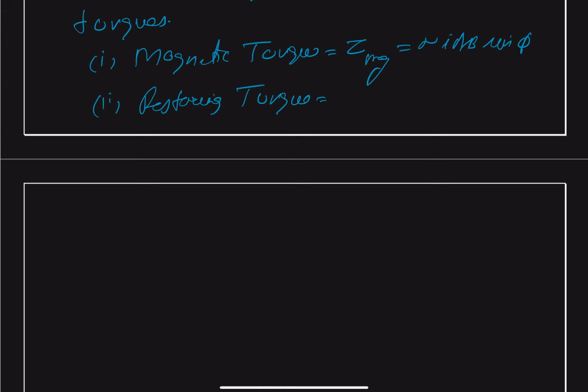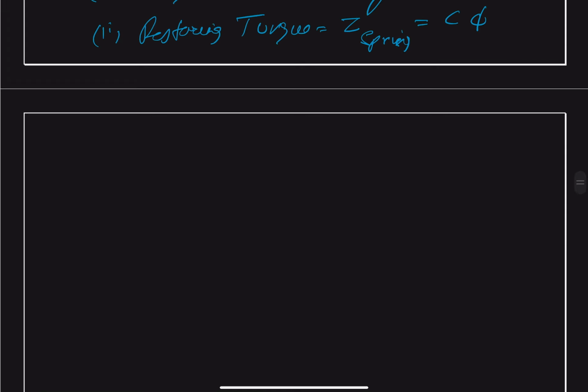that will be due to spring, and it will be equal to C multiplied by phi, where C is our torsion constant.